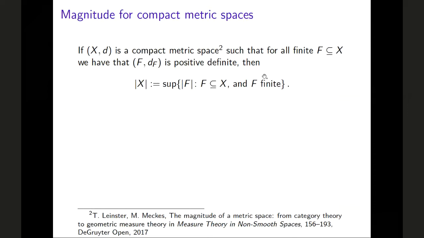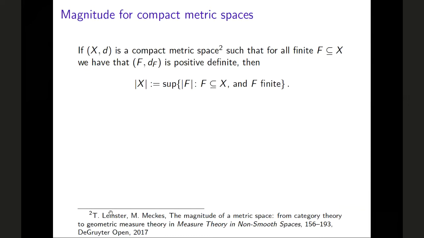And in fact, it was shown that this supremum is lower semi-continuous as a function of X, where one considers the family of all compact metric spaces satisfying this property, together with the Gromov-Hausdorff distance.